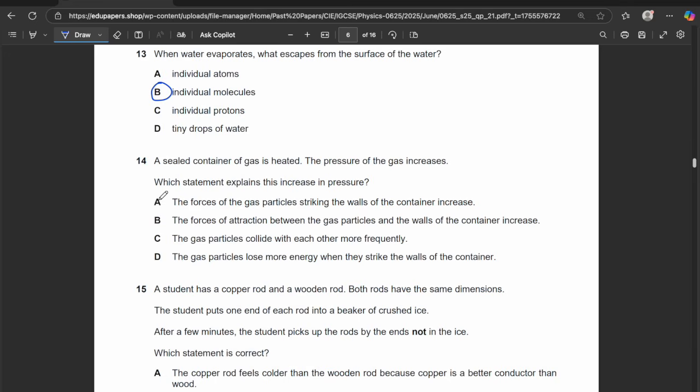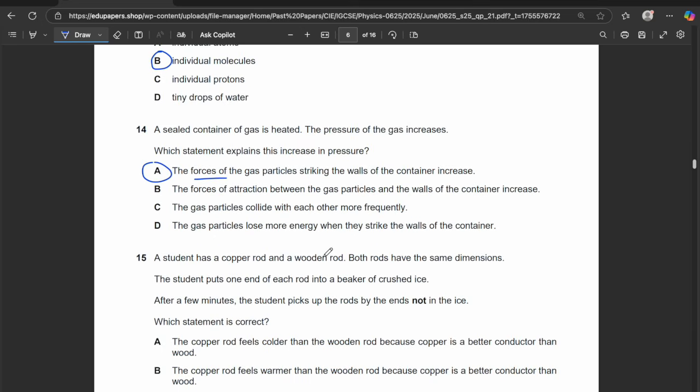So, as I mentioned, forces, yes, because they have more energy. And B, the forces of attraction between the gas particles, that doesn't make any sense, no attraction, right? And C, the gas particles collide with each other more frequently.